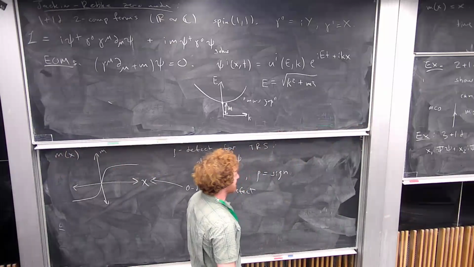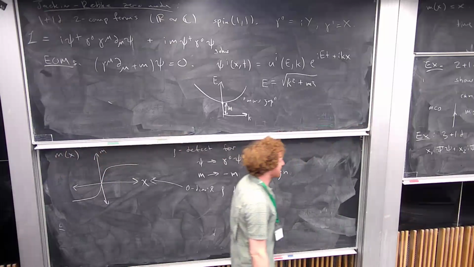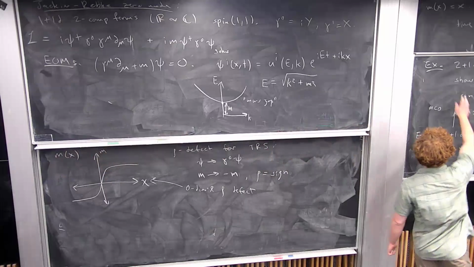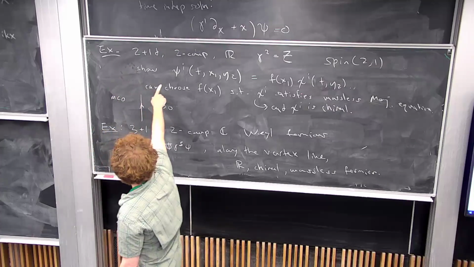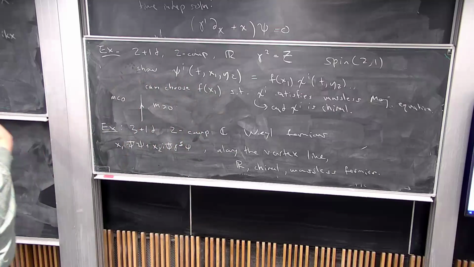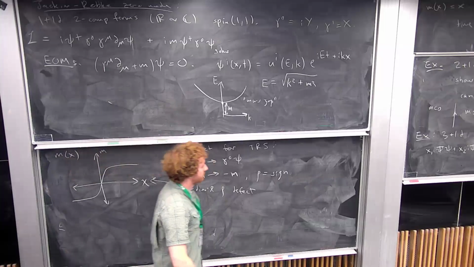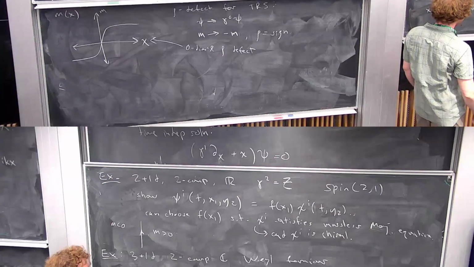But we want to ask, okay, what about interacting systems? And we want to phrase it in terms of anomalies. So we want to relate to this system, for instance, it has a parity anomaly. So this is also a time reversal breaking perturbation when we add the mass to 2 plus 1D. This 1 plus 1D one also has a parity anomaly for this T breaking. And the U(1) symmetry that's broken here also has an anomaly.